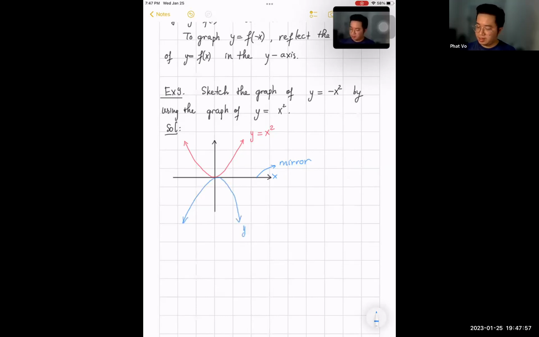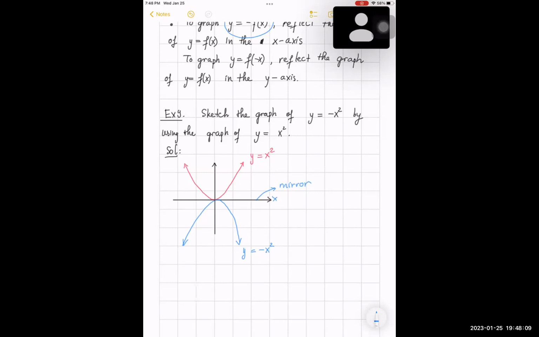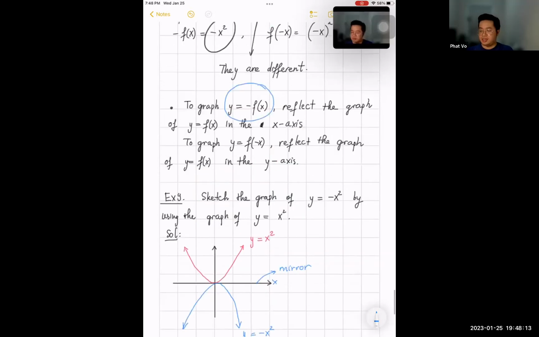So the blue one is the new function you need to find. Okay. Is it clear now? Okay, to graph this, if the minus is outside, you will reflect in the x-axis. If the minus is inside the function, you will reflect the graph in the y-axis.